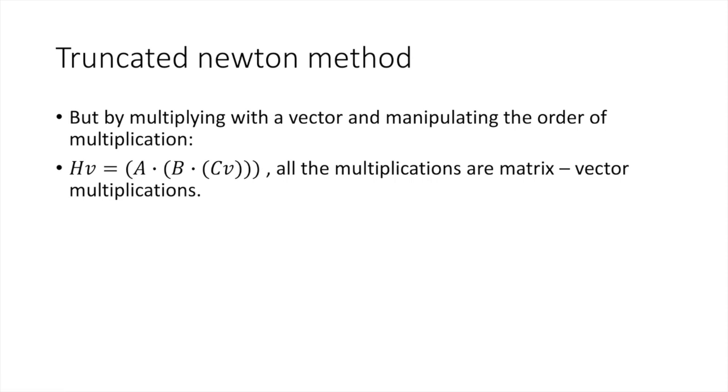Then it will result with a vector. So we will multiply this vector with B, also a matrix vector multiplication. That will result again with a vector, and then again multiplying with A. So by doing that, we only multiply matrices with vectors, which is much cheaper than multiplying matrix with matrix.